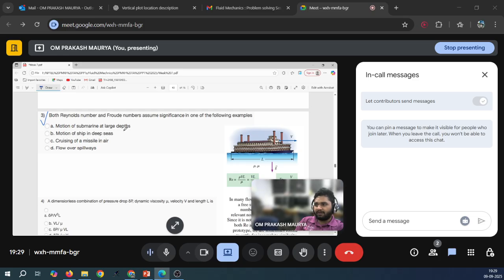Motion of submarine at large depth, motion of ship in the deep sea, cruising of a missile in air, flow over spillways. Just think on that, very very important question.